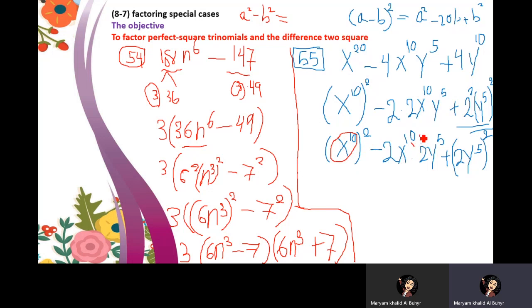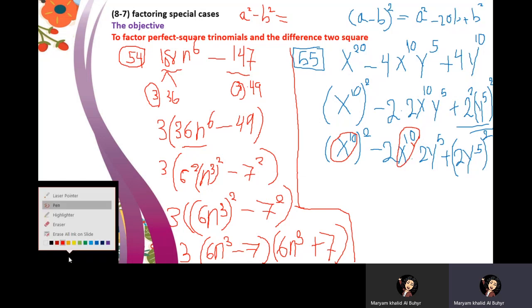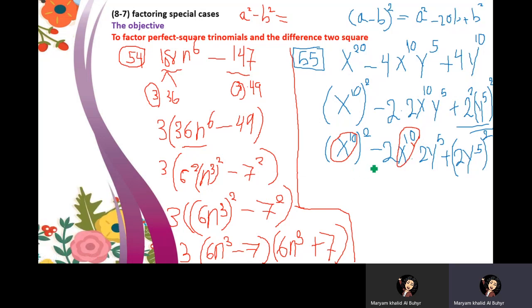That is your A, exactly the same if you look at it. Then let me change the color also to show you. That is B. Look, B raised to the power 2, which is this one. Then x is raised also to the power 2, which is this one. And there is negative 2, which is exactly the same as this form.